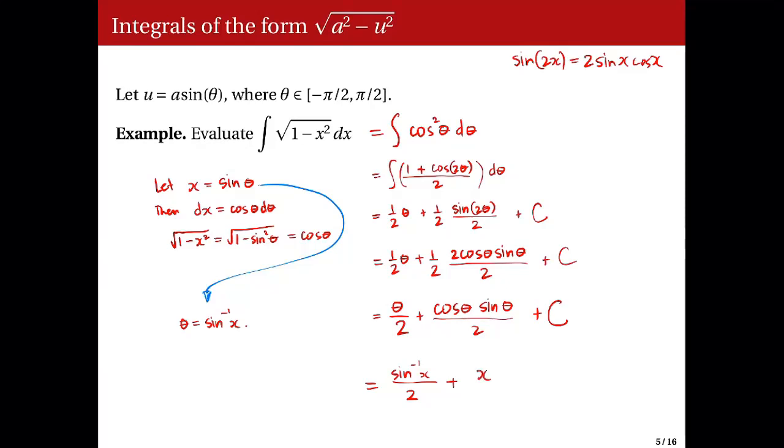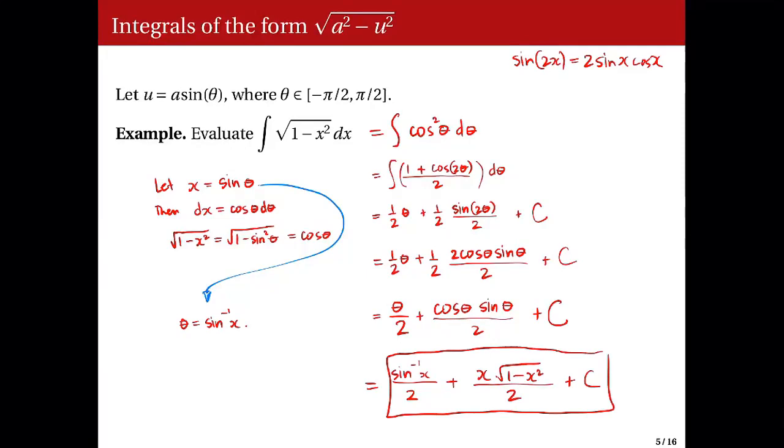Cosine theta is the square root of 1 minus x squared. And then you have your over 2. And then the plus c. So this is the final answer. This is the integral of this guy here.